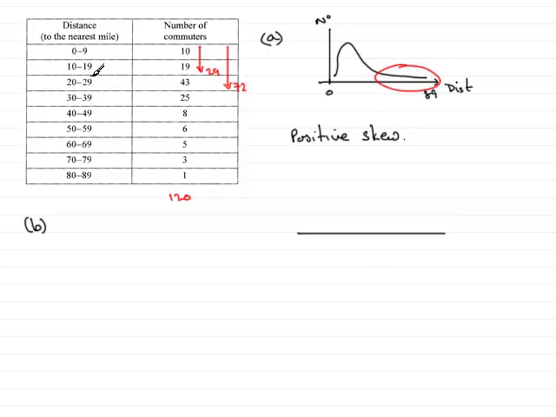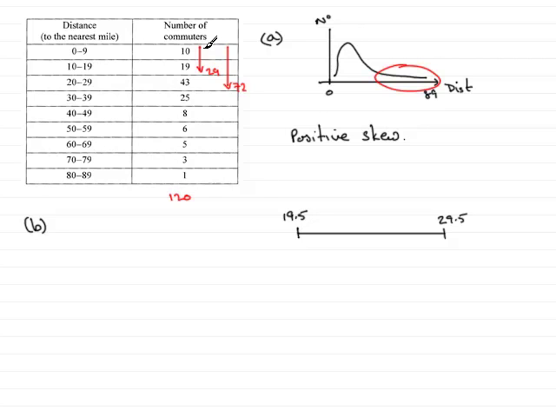The class interval that in this case goes from 20 to 29. But remember, this is to the nearest mile, so the class interval really is, we've got to quote the lowest bound for this interval, which would be 19.5, and the upper bound would be 29.5.